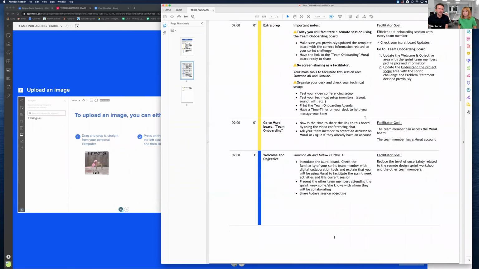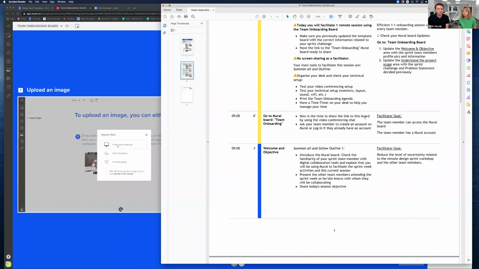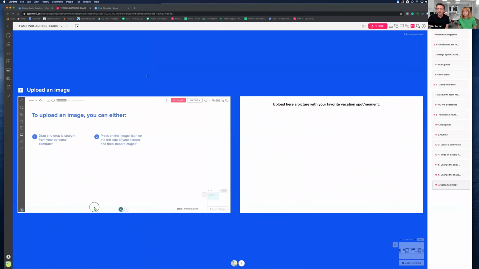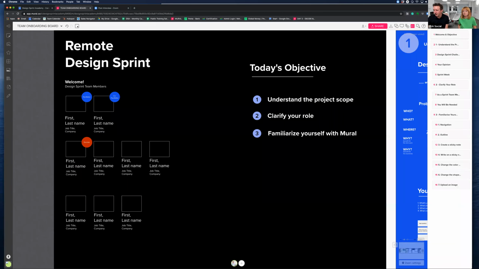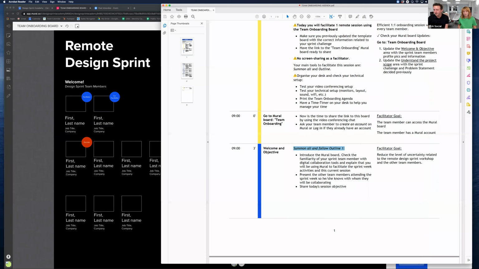It's really detailed, step-by-step instructions on how to do this onboarding. You have the facilitator goals, the facilitator instructions, and also timings for each of the outlines. So as you can see, this one says summon all and follow outline 1. That's what needs to happen when you're at outline number 1. So they're really correlated.